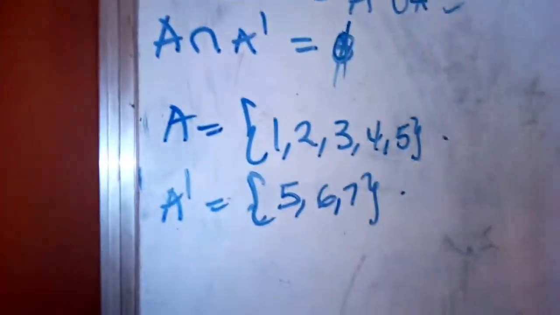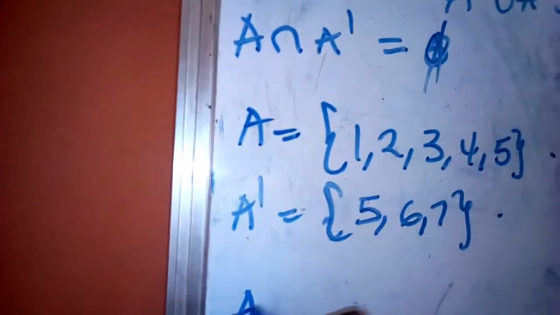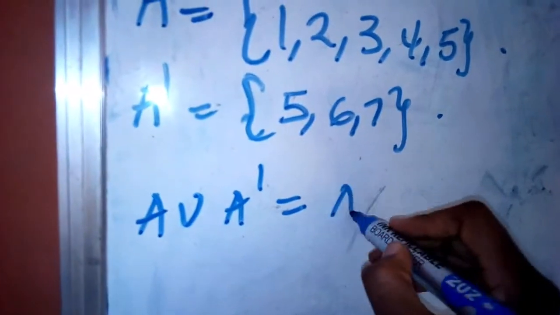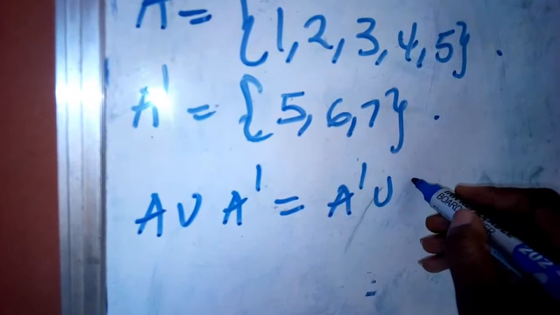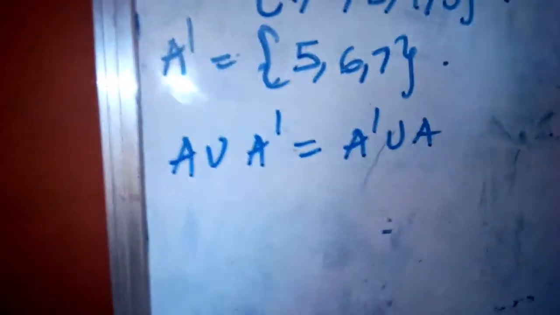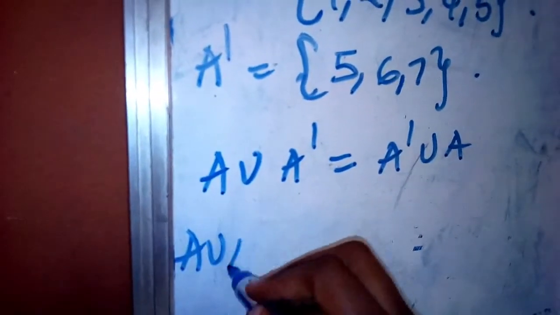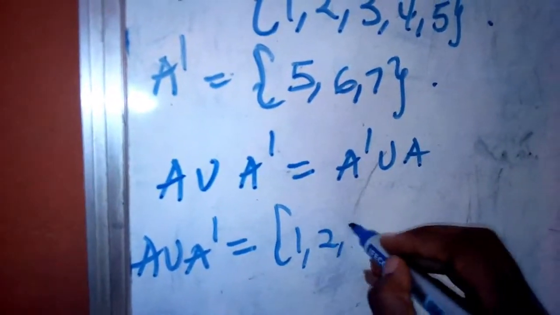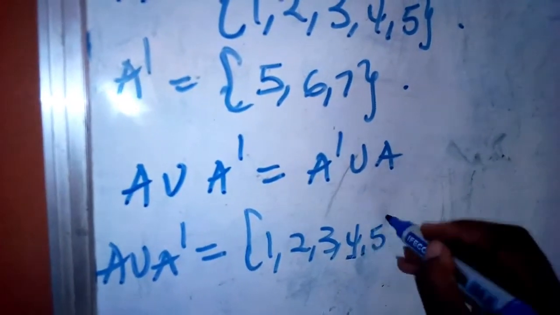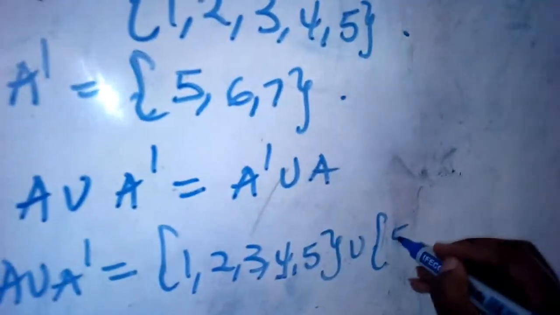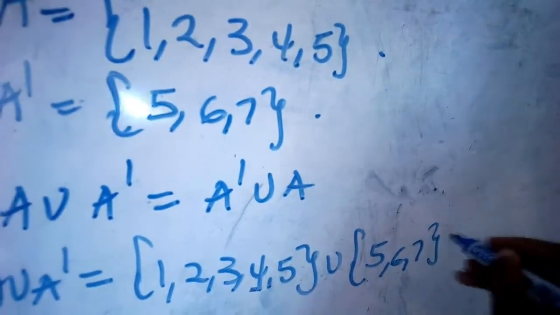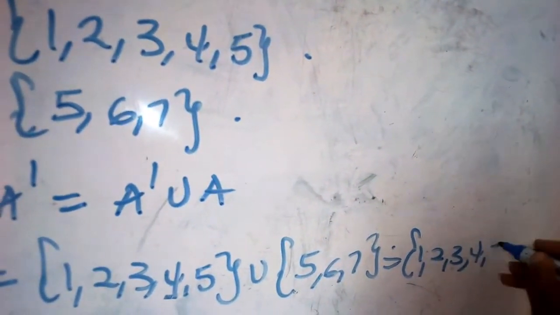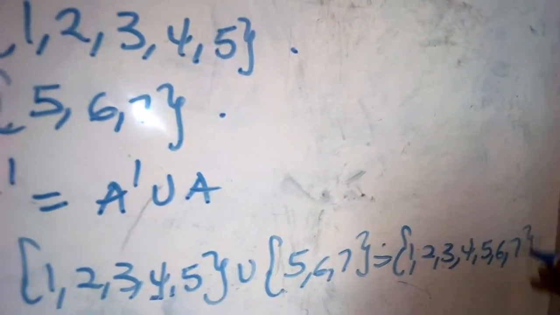So I want to take for this first property, which says A union A prime equals A prime union A. So A union A prime equals, what's our A? 1, 2, 3, 4, 5 union 5, 6, 7, which equals 1, 2, 3, 4, 5, 6, 7.